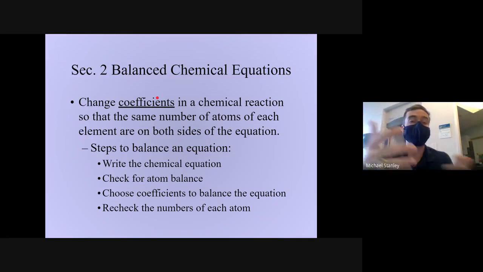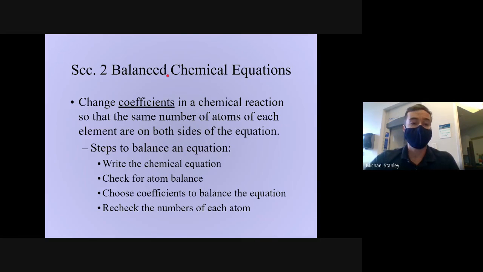Usually, when scientists first figure out what type of chemicals are reacting together, they don't know at first exactly how many of each atom are going to be part of the equation, part of the reaction. So that is where balancing chemical equations come in.